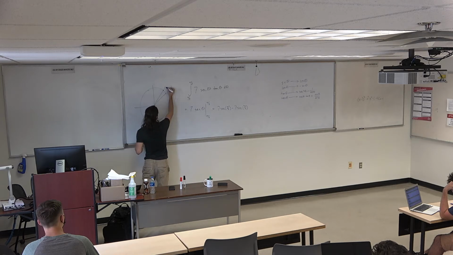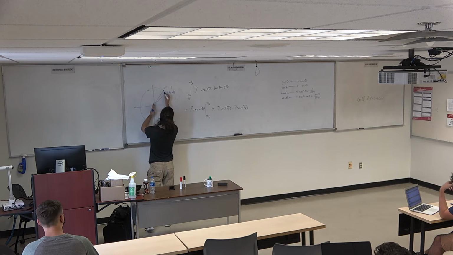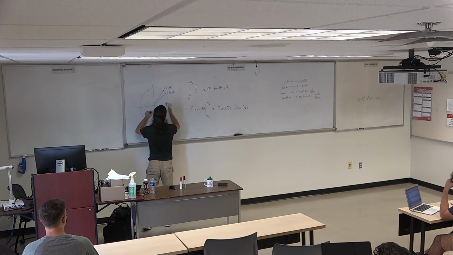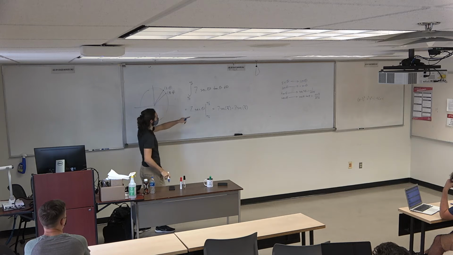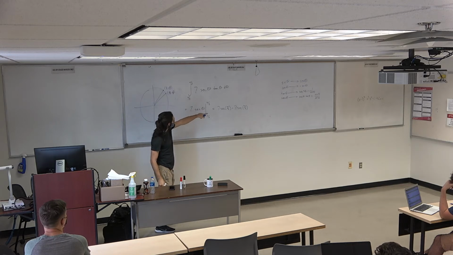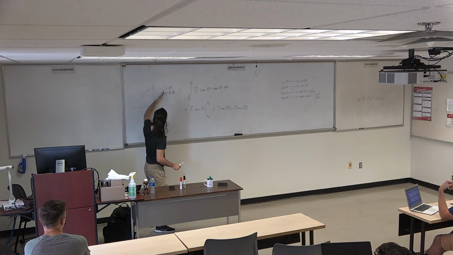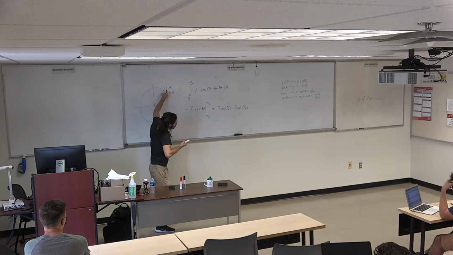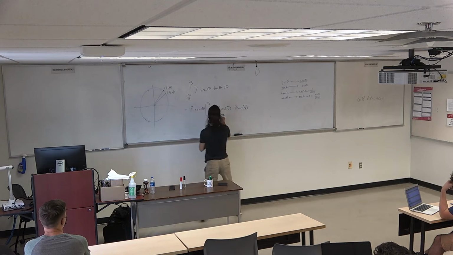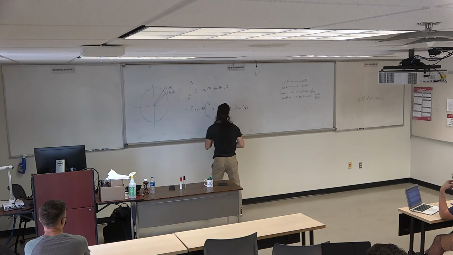But this one's up here a little bit, and its x-coordinate is a half, and its y-coordinate is root 3 over 2. So secant of pi over 3 is 1 over cosine. Well, cosine of pi over 3 is the x-coordinate here, 1/2. So the secant of that is the reciprocal of that.